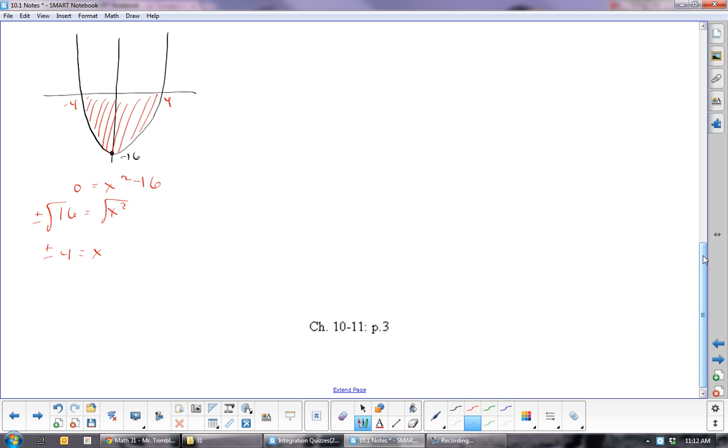Now, because this is under the x-axis, I've got to be thinking absolute value. Okay, so I got negative 4 to 4. The area from negative 4 to 4 would be the absolute value of f of 4 minus f at negative 4.